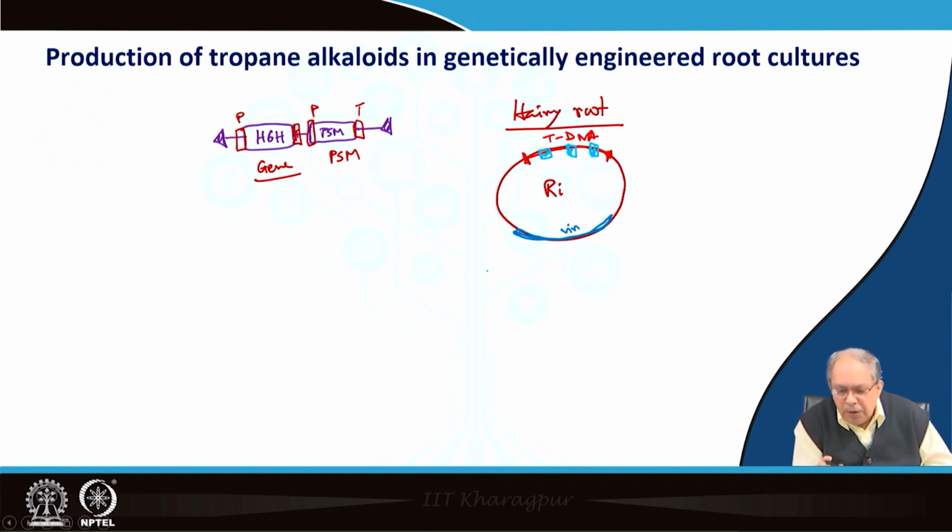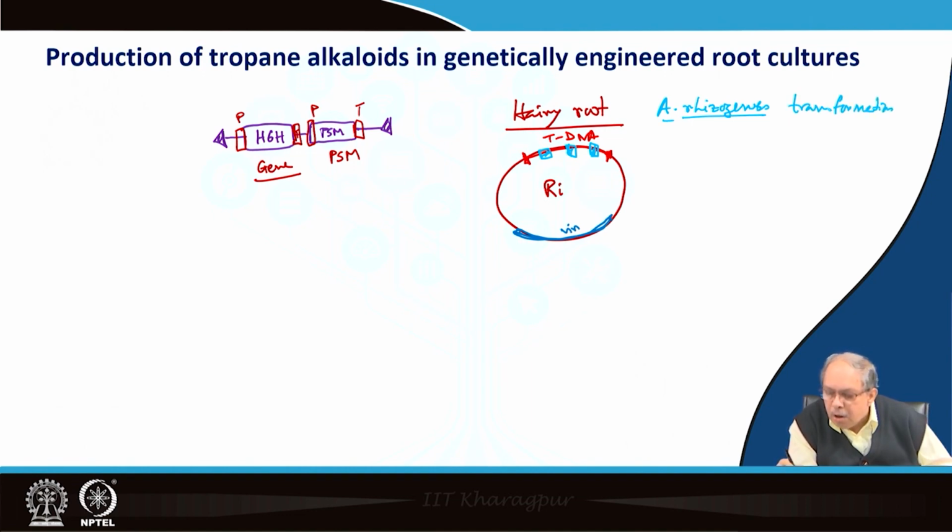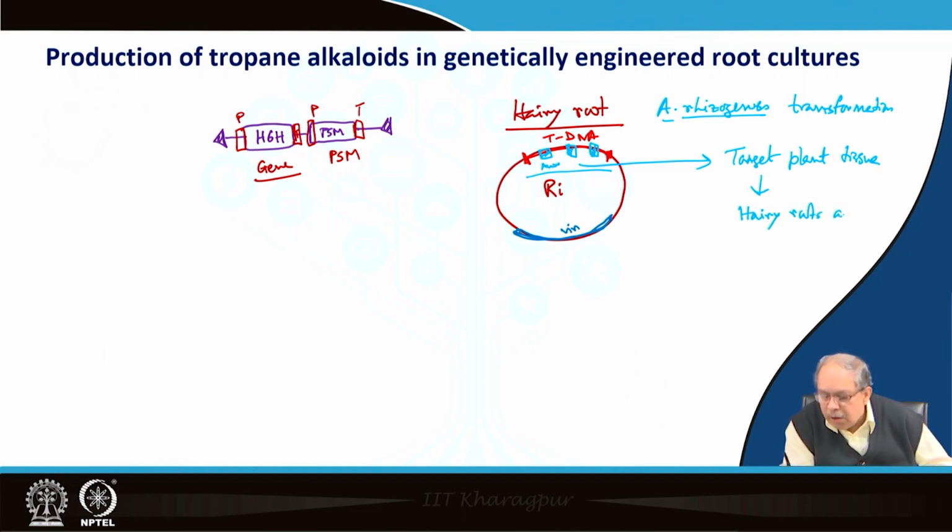Now, as a result of Agrobacterium rhizogenes mediated transformation, this tDNA is transferred into the target plant tissue, and because this contains the gene of auxin synthesis, hairy roots emerge from the site of infection.